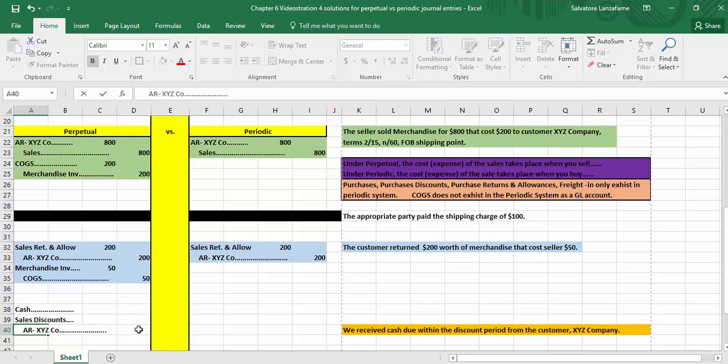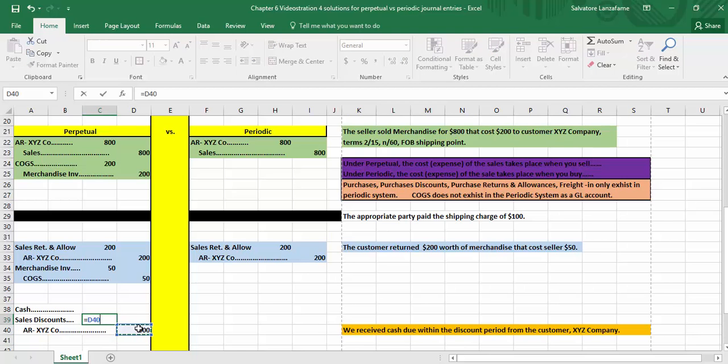So how much do I want to credit accounts receivable for? Well, in the first transaction, I had $800 that they owed me, but then remember they returned 200, so they currently owe us 600. So 800 minus the 200. If they're paying us within the discount period, that means they're taking advantage of the 2%.